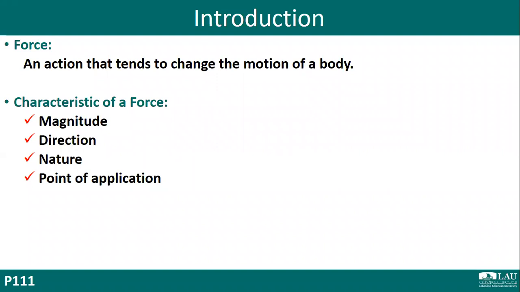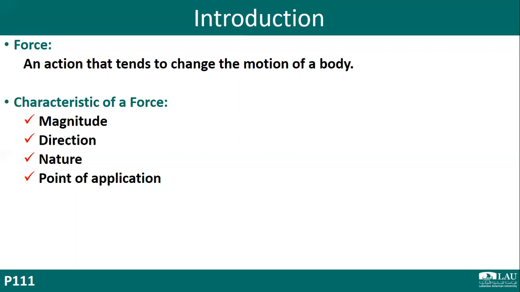Now, before starting to explain the method and to talk about the force table, I present some basic knowledge to get you started. Let's start with the force definition and characteristics. Force may be defined as any action that tends to change the state of rest or the motion of a body to which it's applied.